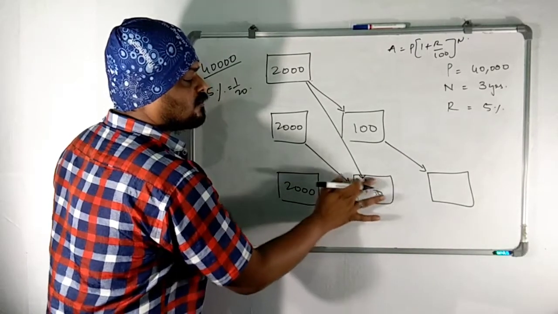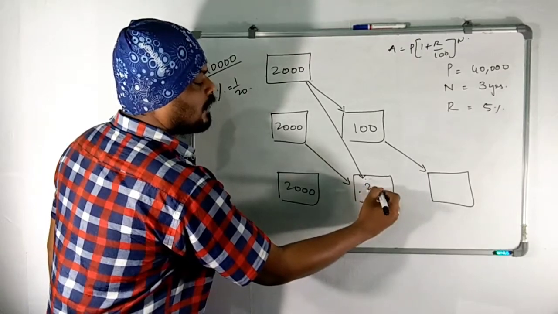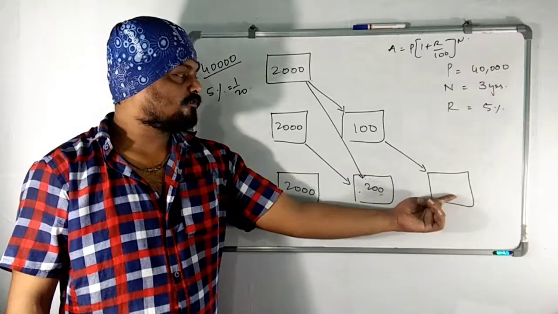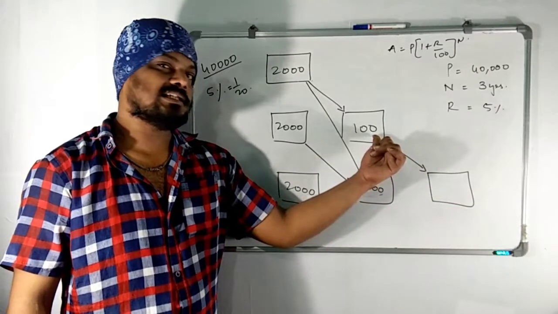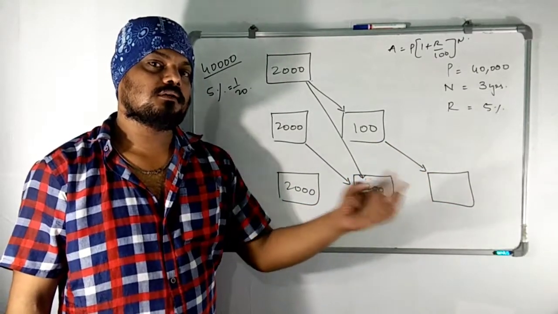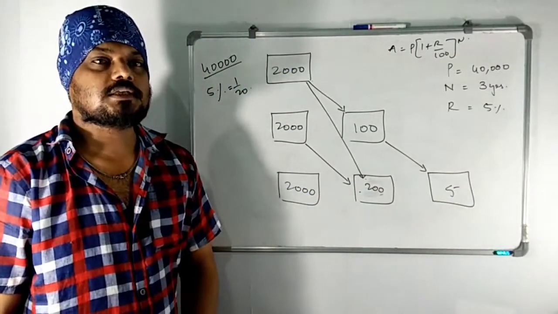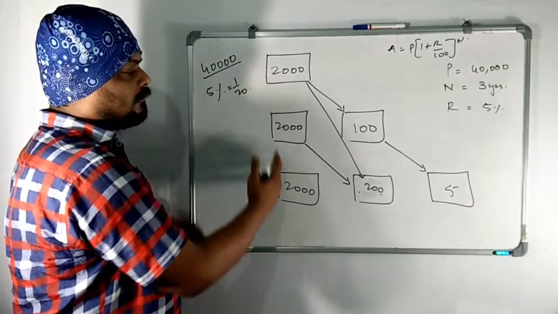Totally it is 200. Later here this value is increasing upon this. 5% of 100 is 5 itself. So here let us calculate all these things.